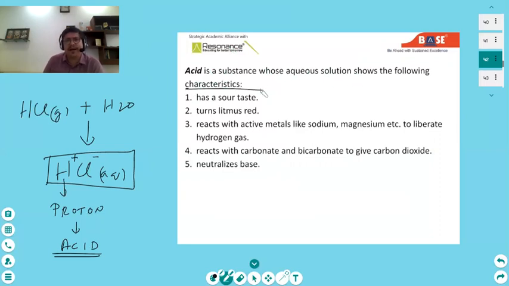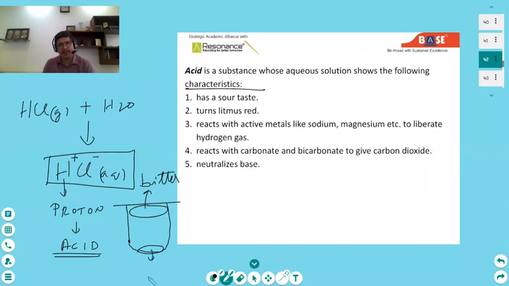But let's see some characteristics of it. The first one is that acid is sour in taste. The moment you consume acid, it is sour in taste. Now, you know which organ helps in detecting sour and all. So this is your tongue. Basically, the back portion of the tongue is responsible for bitter taste. The front portion of the tongue is responsible for sweet taste.